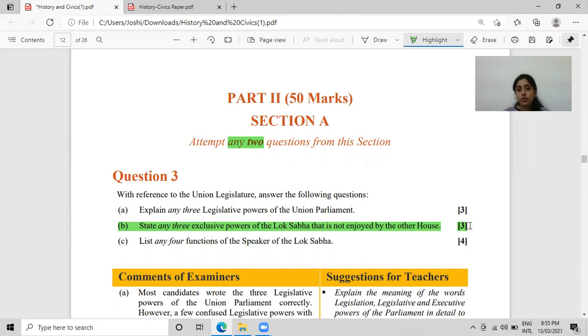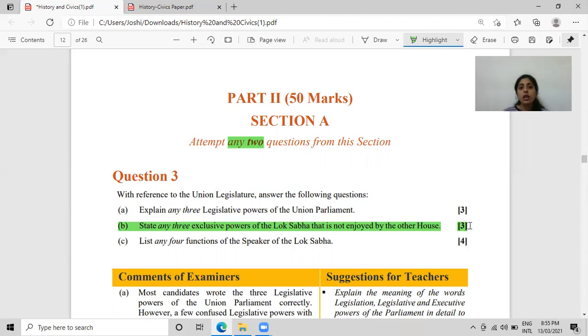So question number 3, over here, this section A. First of all, let's concentrate on section A because part 2 is divided into section A and section B. Section A is based on civics part. 3 questions will be asked. That is, the 3 set of questions will be asked from the civics section.